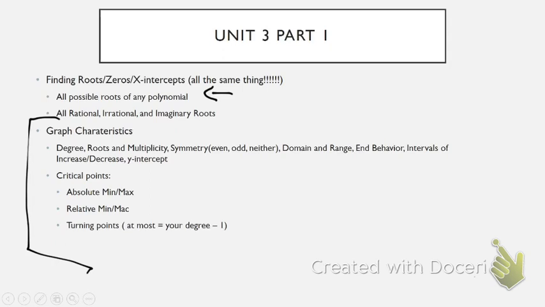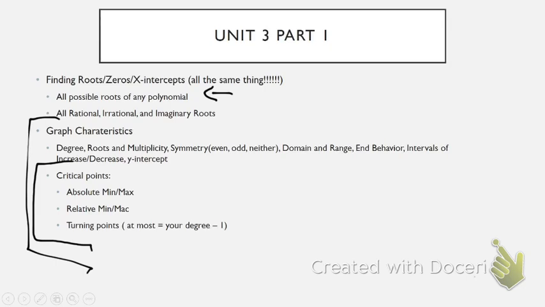Other things that you need to make sure and take care of: these critical points, your absolute min and max. Okay? Is there a point where your graph goes no further? Does it have an absolute stopping point? Does it have a peak? Does it have a valley? Understanding if it's relative or absolute. And then you have turning points. At most, it's going to be your degree minus 1.